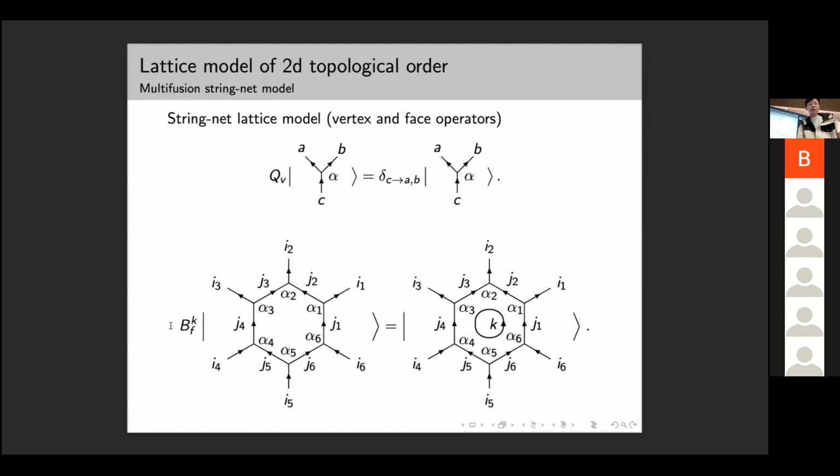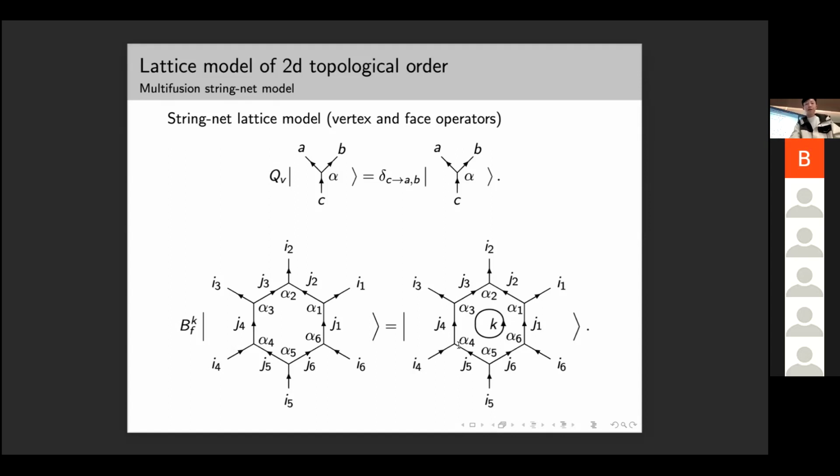And for the plaquette operator, we first introduce the plaquette operator labeled by the simple object in this multi-fusion category. This can be understood in the following way. We can just insert the loop inside the plaquette, and then we use the string calculus on each edge, then we remove all this part, and we will get back to the original lattice.